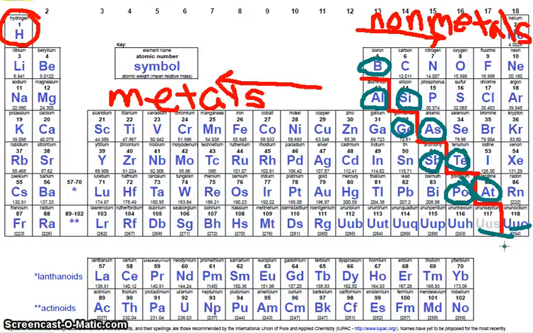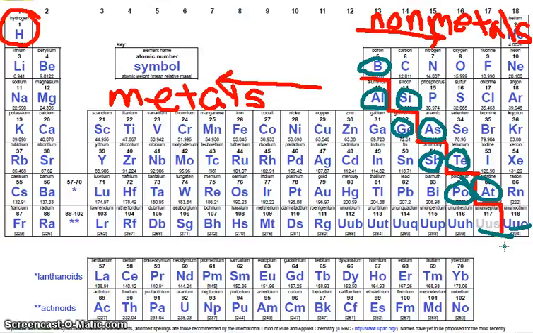Thinking about the nonmetals. Most nonmetals share the following properties. Nonmetals tend to be poor conductors of heat and electricity. So these are usually good insulators. Nonmetals tend to be gases at room temperature, although there are some liquids, like bromine is a liquid, and there's also some things that make a brittle solid.